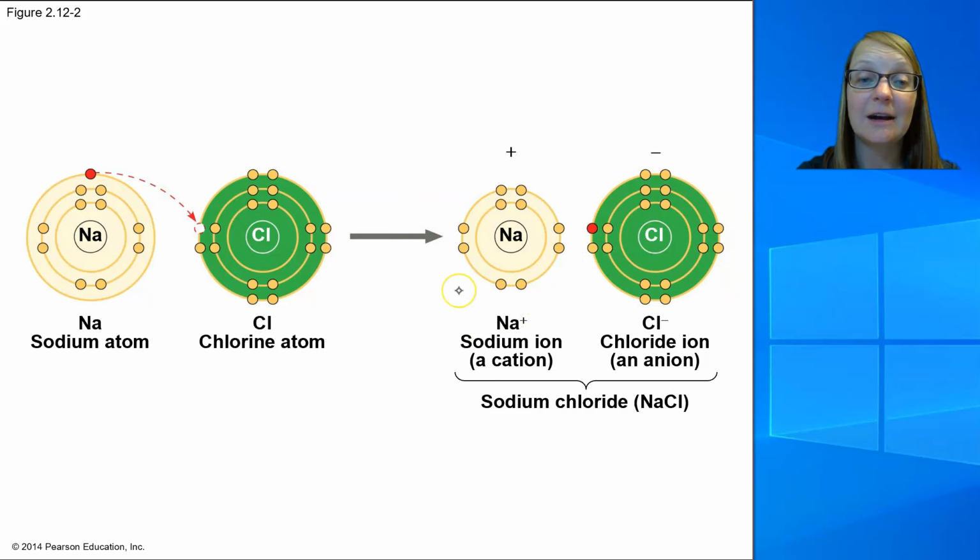This is the cation. It lost an electron, so it's an extra proton, one positive charge, and that third energy shell has disappeared. And so now the valence shell is the second shell. That one's full. Sodium's good. Chlorine is also going to be good. It gains that one electron, gains a negative charge, becomes the anion with that one extra negative charge.